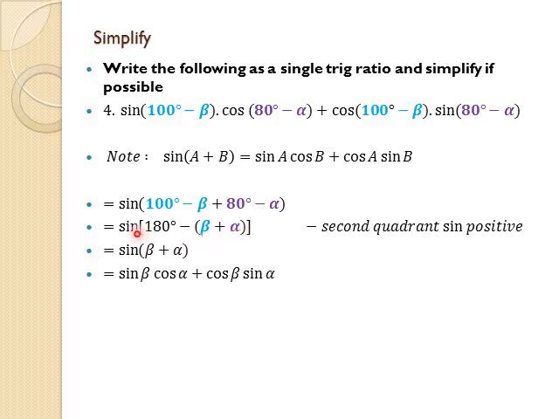In the second quadrant sine is positive, so that simply reduces to sin of beta plus alpha, which now I'll have to expand, even though I said single trig ratio. So that's my final answer there, right? But I've just expanded it again: sin beta cos alpha plus cos beta sin alpha. So that part is not necessary. Single trig ratio, it would simply be sin of beta plus alpha.